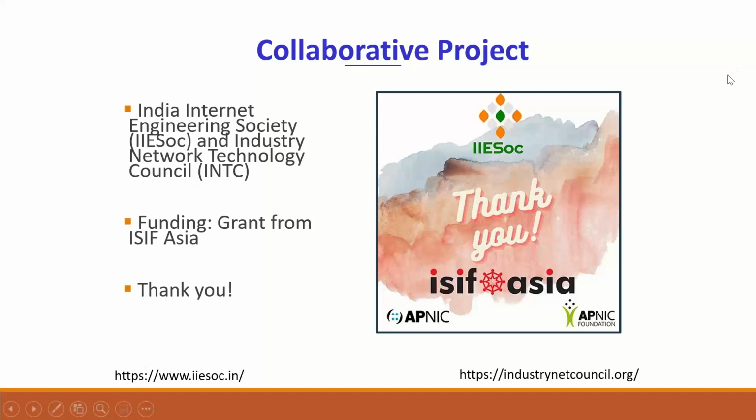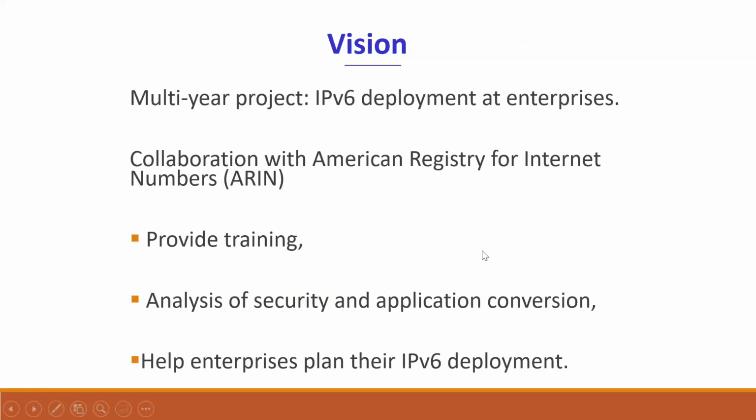So I believe many of you are familiar with the premise and how the webinar is going. This is a collaborative project between a couple of nonprofits, INTC and IIESoc from the US and India, with funding from ISIF Asia, part of the APNIC Foundation.